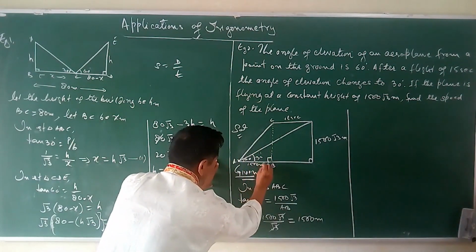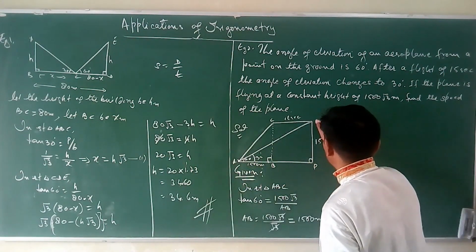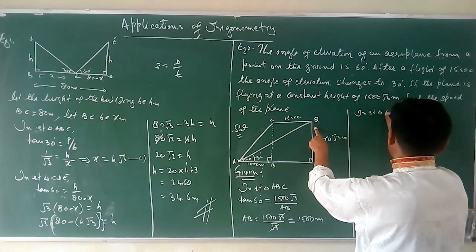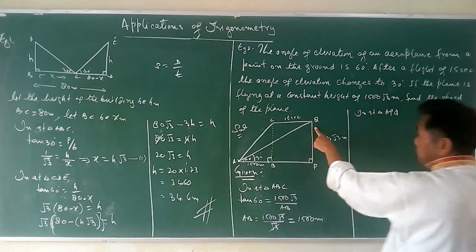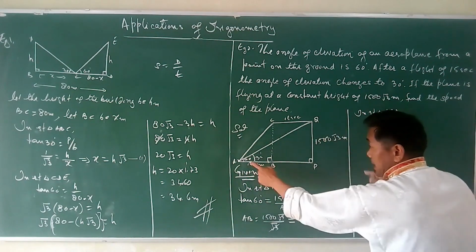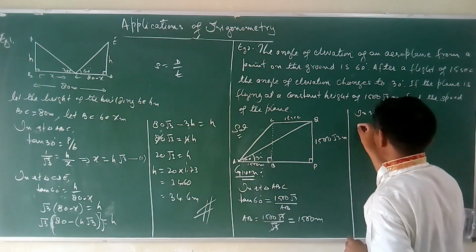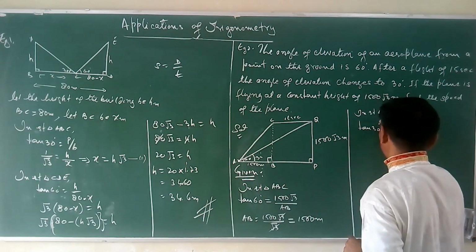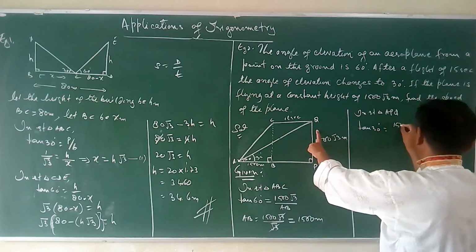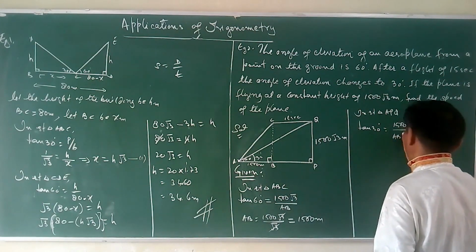Now take another triangle, APQ, a right triangle, with the same height. The angle is 30 degrees. Tan 30 equals P by B, where P is 1,500 root 3, and B is AB plus BP.